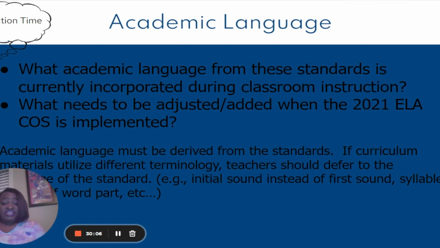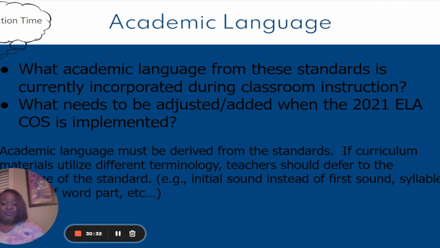What needs to be adjusted and/or added when the 2021 ELA course of study is implemented? One of the things that I could think of right off the top of my head was the importance of using the proper terminology across the school.